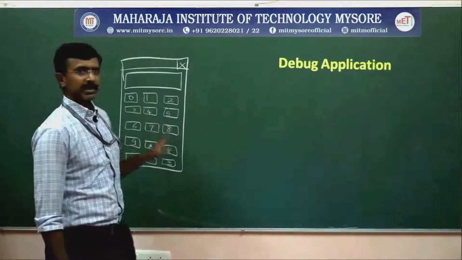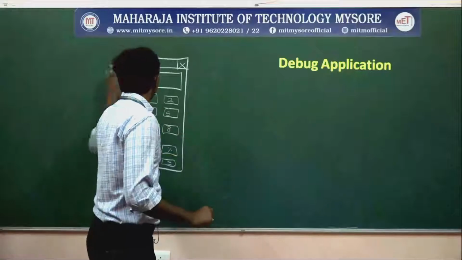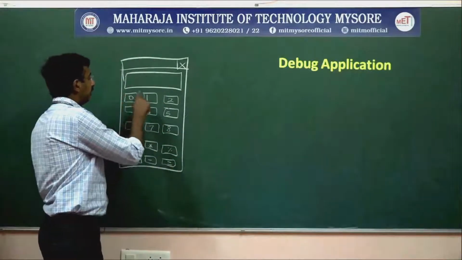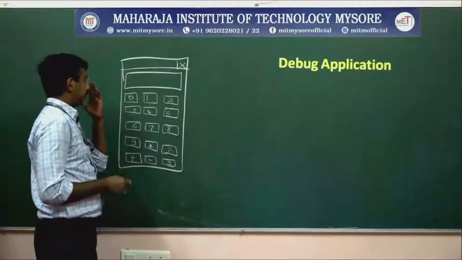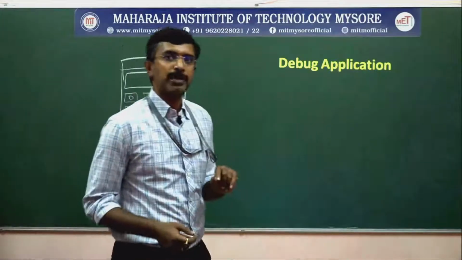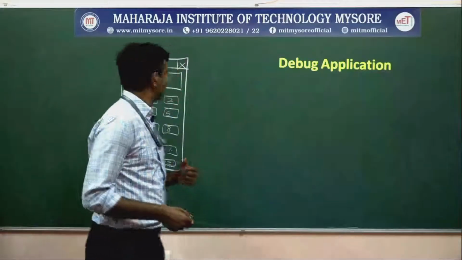So a simple calculator looks like this. I wanted you to use a single edit text box and your buttons, where on clicking a button the digit should appear. Consider what challenges you might face, or what errors or logical errors you might be having. I want to discuss that with you.